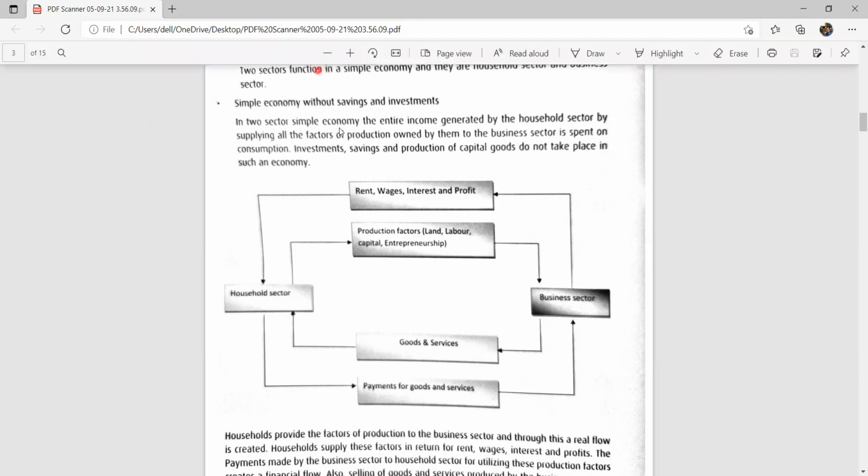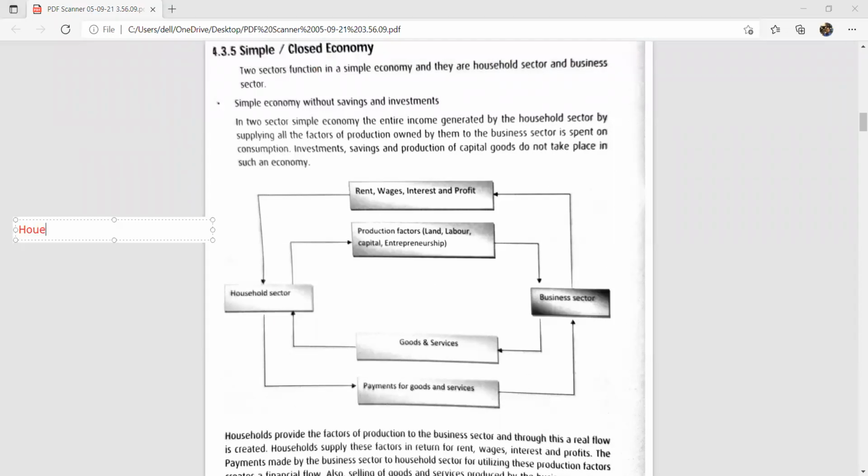So it's like this: household, firms, government, and foreign sector.